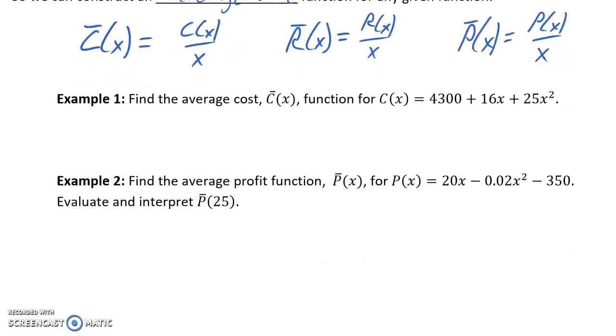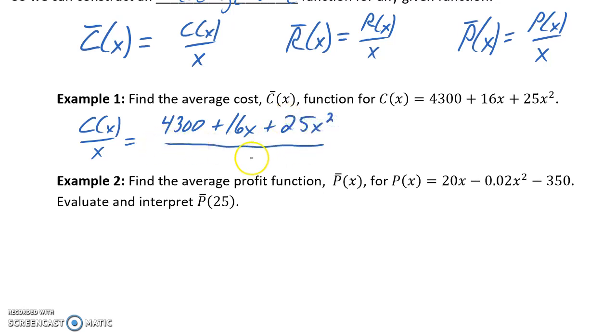So in our first two examples here, we want to find the average cost function for C of x given this cost function. So in order to find that average cost function, we take our given cost function divided by x, which we can then leave as stated, or what we could do is break that up into the sum of different fractions.